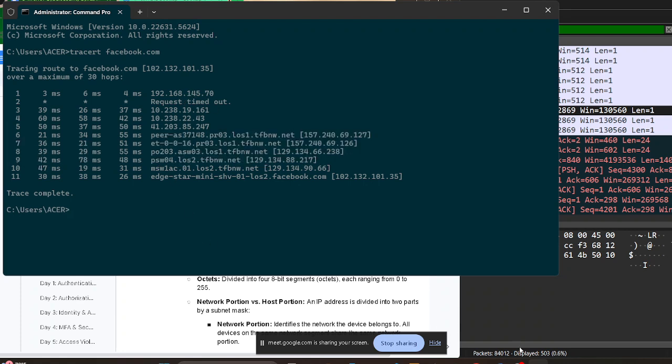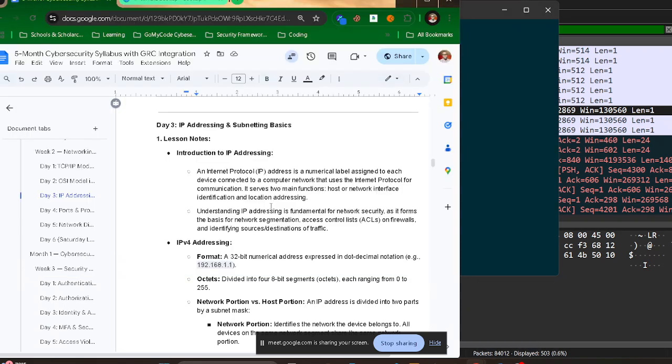So without my IP address, I can't communicate. And even if it's a local network where you don't even have internet, you still have to configure an IP address. So that's the function of IP address. The two functions that an IP address performs are: number one, it helps us to identify the network, and then it helps us to identify the host.